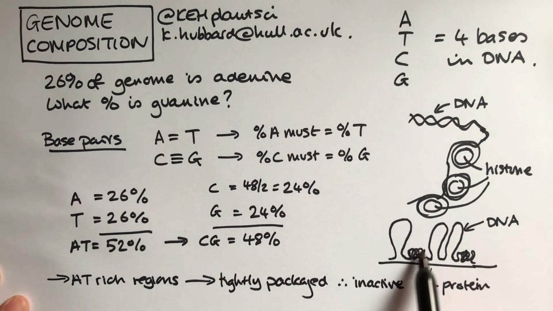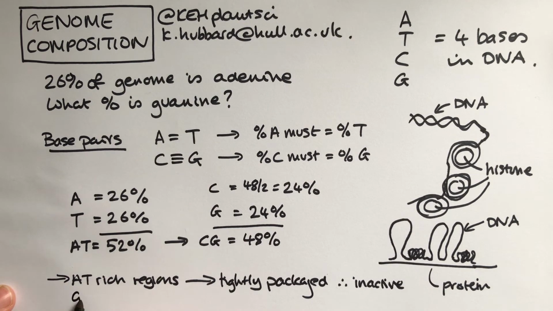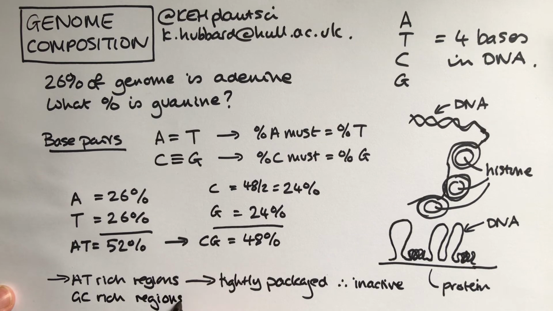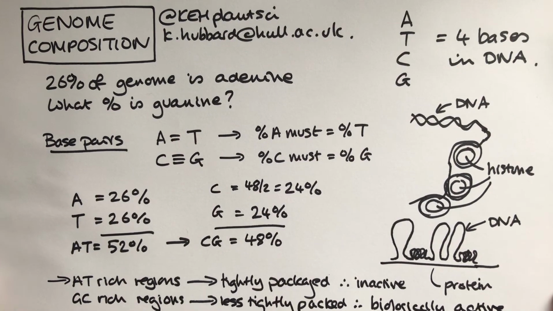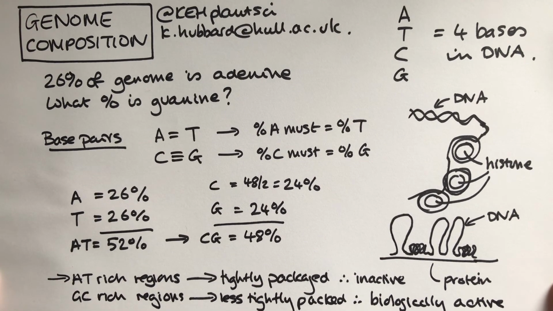So if it's in this tightly packaged formation, it's likely to be inactive, and AT-rich regions tend to be tightly packaged, whereas GC-rich regions are less tightly packed, and this is on average. Regions that have quite a lot of GC in them tend to be less tightly packed, and they tend to be more biologically active.